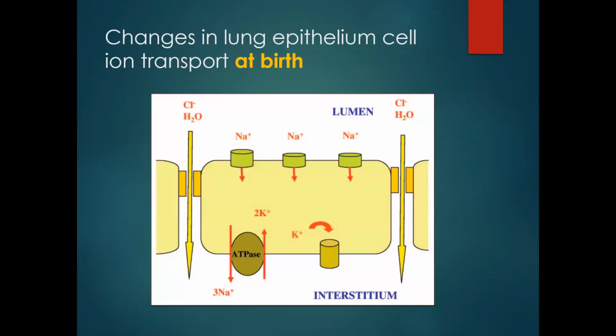Again, this is just a review of what we just discussed earlier, and the reverse now after birth. Look at these channels. The chloride pumps are shut, and then the sodium starts to get absorbed, and water follows it. And then this paracellular chloride and water goes through these paracellular channels where aquaporins are, and then the water gets back into the interstitium to be cleared.